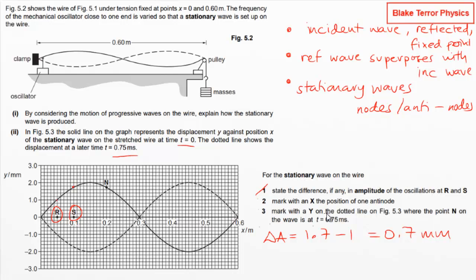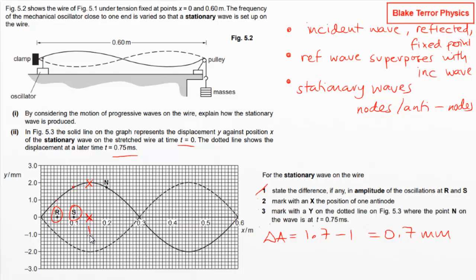Mark with an X the position of one antinode. Right, well, we've got a couple of antinodes on here. So let's put an X up. You want to get it at the top of one of these things. So that's an antinode. So actually, let's put it here. I don't think it would matter whether you put it at the top or on the axis.